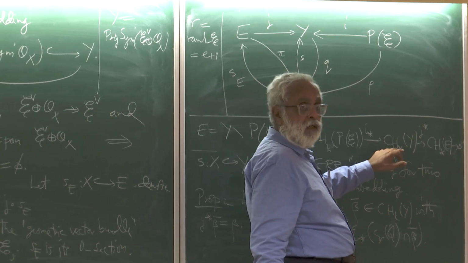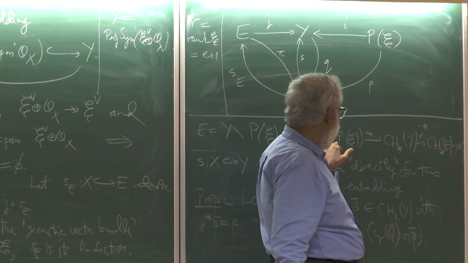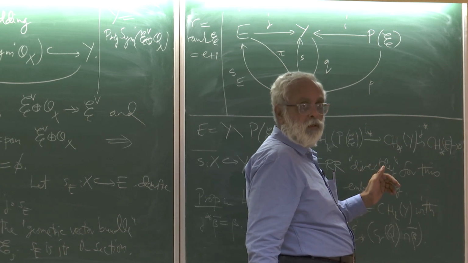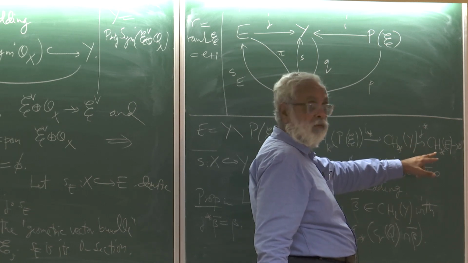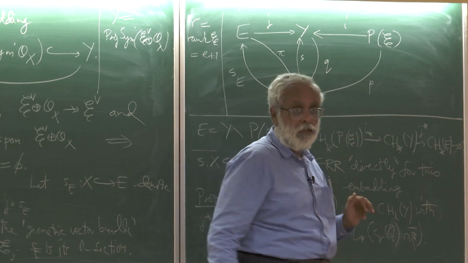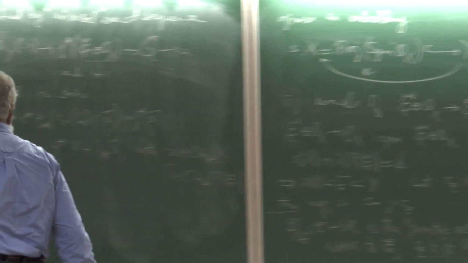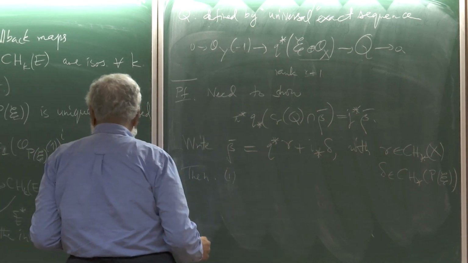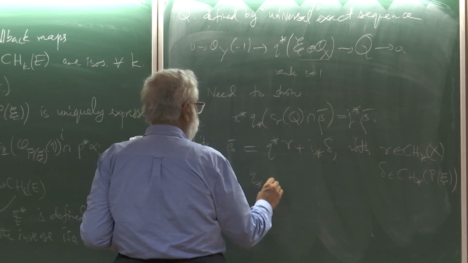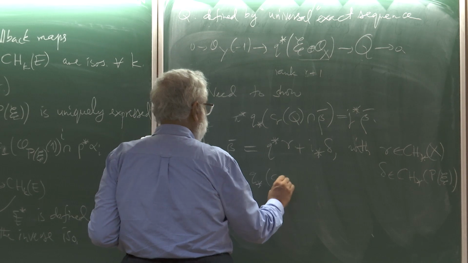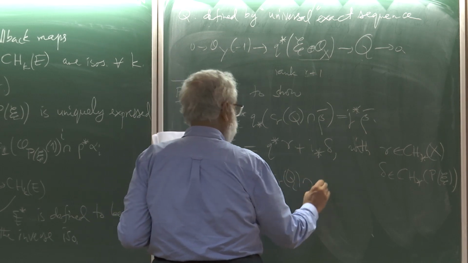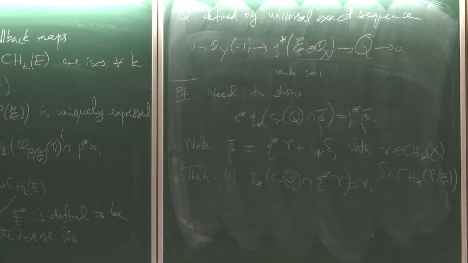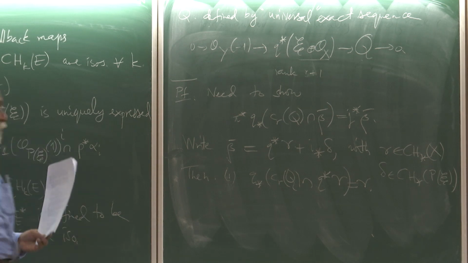Anything here is basically governed by what was here plus something coming from here. The things which are living there are the ones which pull back from below. So general elements are things pulled back from below, which covers everything here, plus stuff coming from there. Right? So that's just saying this. So now I claim two things. Q lower star of the first term in fact just recovers the gamma I started with. And the second term I'll claim gives 0.